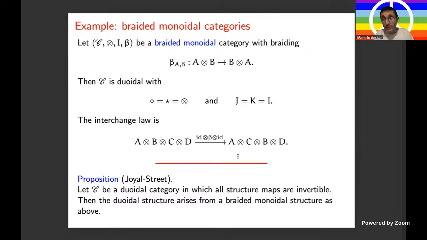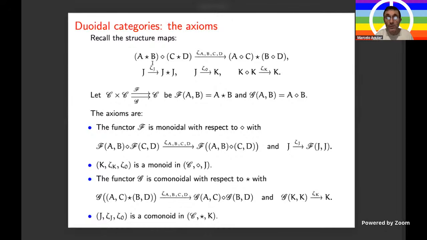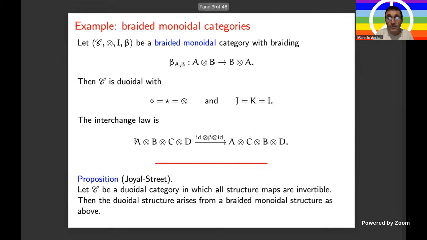Remember, again, that the interchange law maps as indicated here. When the two monoidal operations are the same, then we are in this situation. The domain and the codomain of the interchange law simply differ in the order of the middle factors. So if we have a braiding available, then we can use it to define the interchange law.